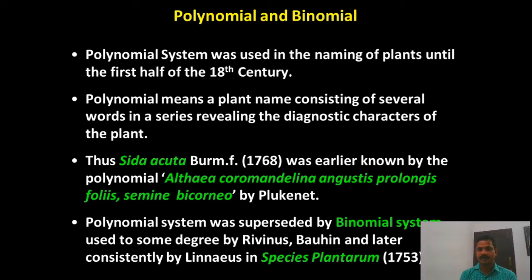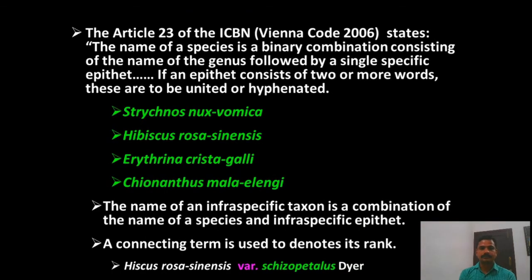Rivinia, the genus, is in his honor, and Bauhinia was published in honor of Bauhin. They used the binomial system. Later it was used consistently by Linnaeus in Species Plantarum.